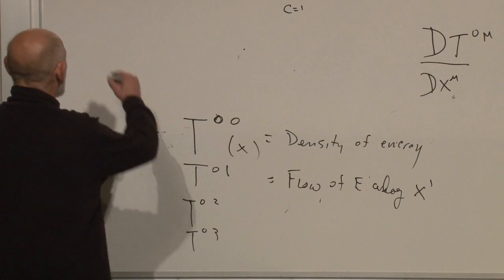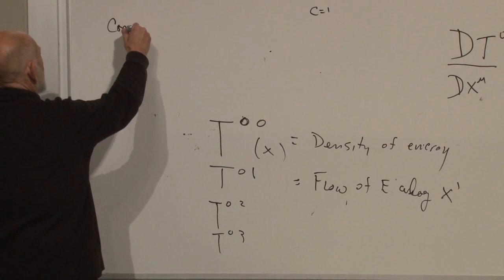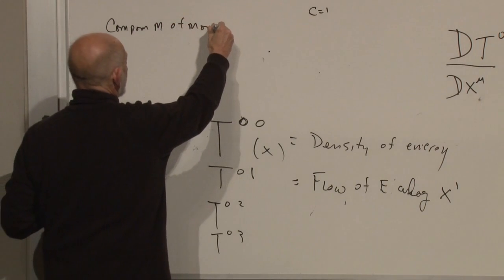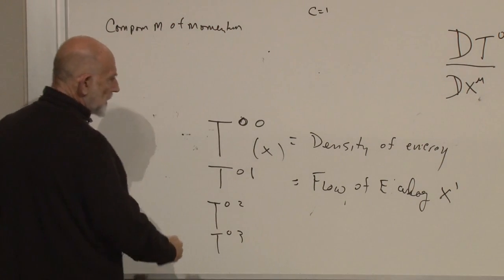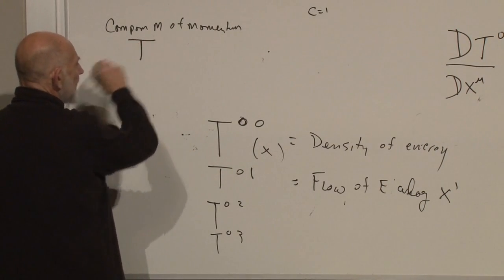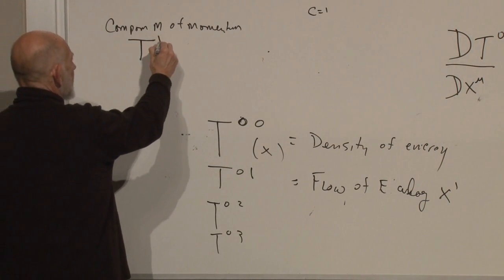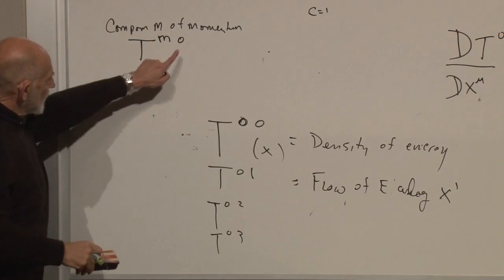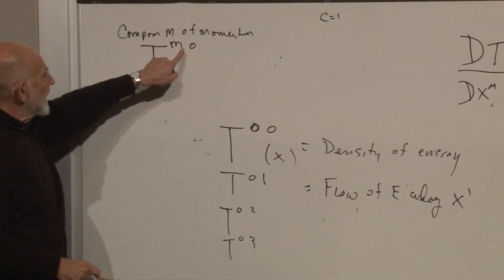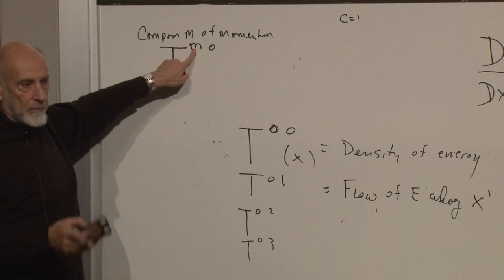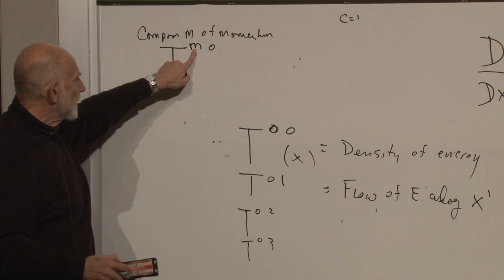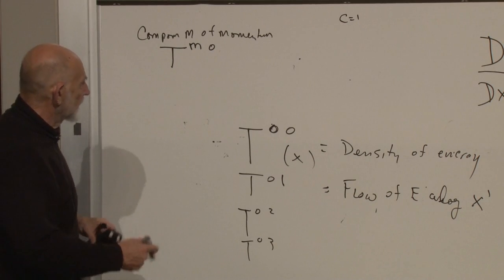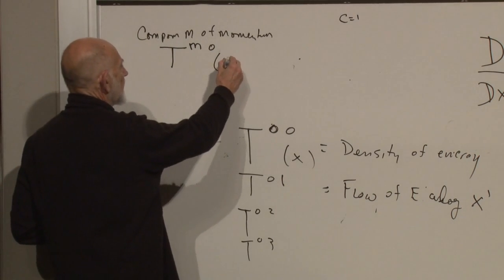Component m of momentum also has a density, and that density is called Tm naught. The naught here indicates that it's a density. The m here indicates that we're talking about the mth component of the momentum. So we read this as the density of the mth component of momentum, it's also a function of x.